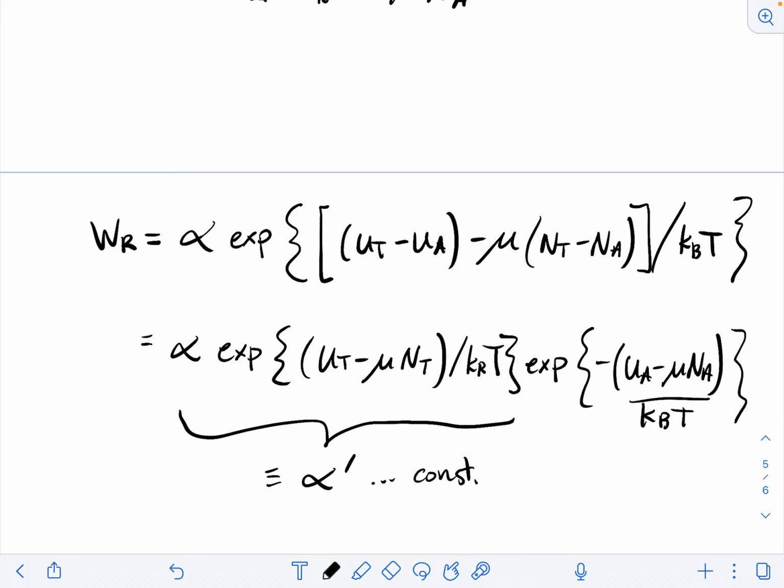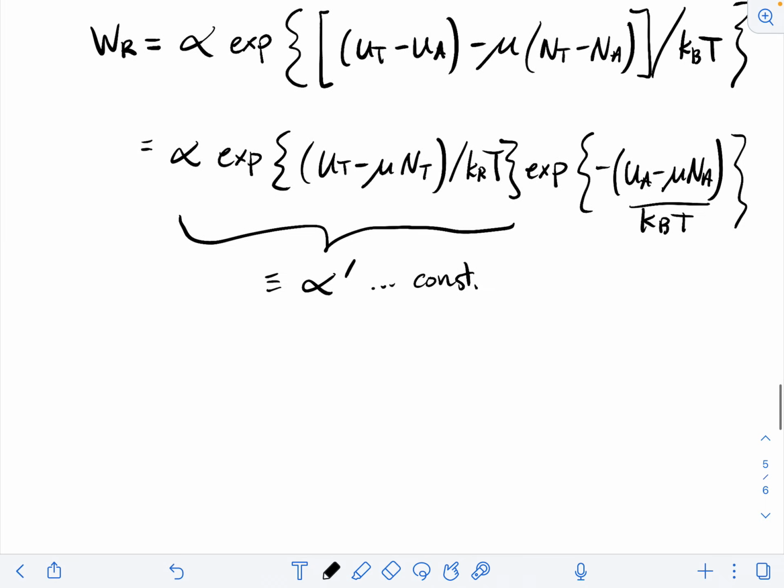And so what we get then is WR, the number of quantum states available to the reservoir, is some constant times e to the minus UA minus mu NA over kBT.